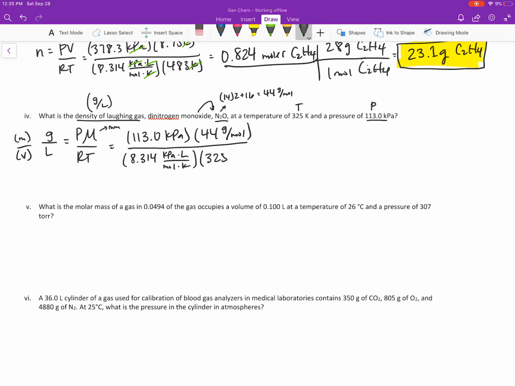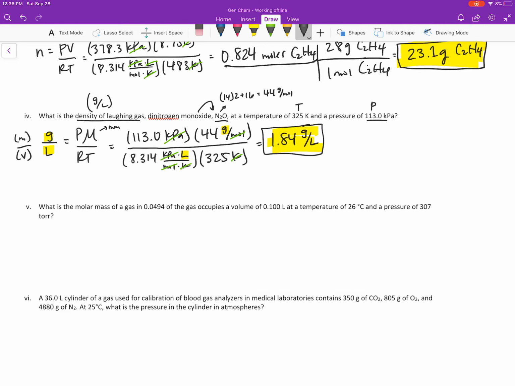Multiply that by the temperature I'm given, which is already in Kelvin, so that's great. Now let's see what's going to cancel out. Kilopascals and kilopascals, moles and moles, Kelvin and Kelvin, which will leave me with the units of grams per liter, which I said I needed to express the density of the gas that I'm given in the problem. So multiply on top, divide by the product on the bottom, and you should get 1.84 grams per liter as the density of dinitrogen monoxide.